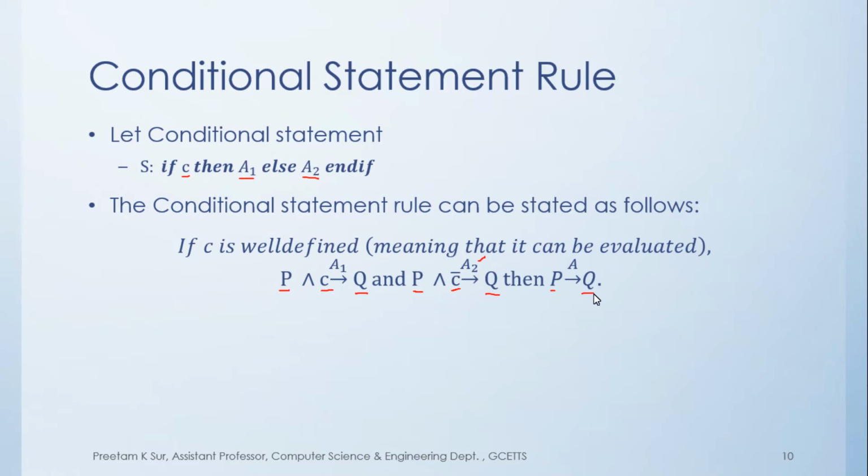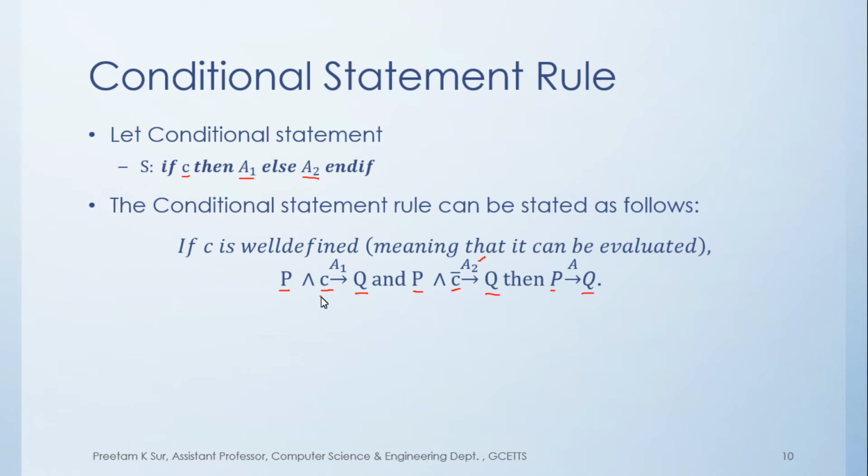So if the precondition holds and the condition of that if statement is true, then A1 will be executed and it should lead us to the post condition Q. Otherwise, if along with the P condition the condition C is false, which is represented by C bar, then A2 will be executed, and for a correct algorithm that also leads to the post condition Q.